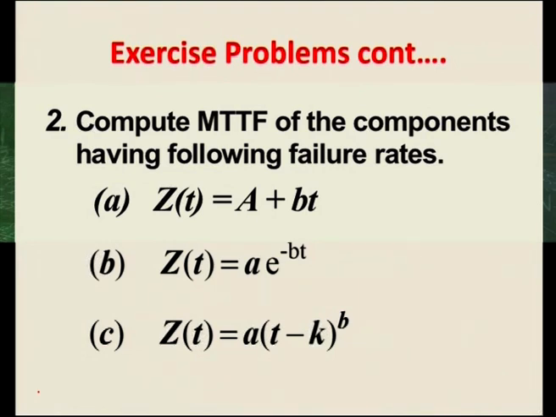Here z of t means the failure rate function. The second one is equal to a e power minus bt, and the third one a times t minus k whole power b. Please try this using the definition of the hazard rate function and in relation with the mean time to failure.